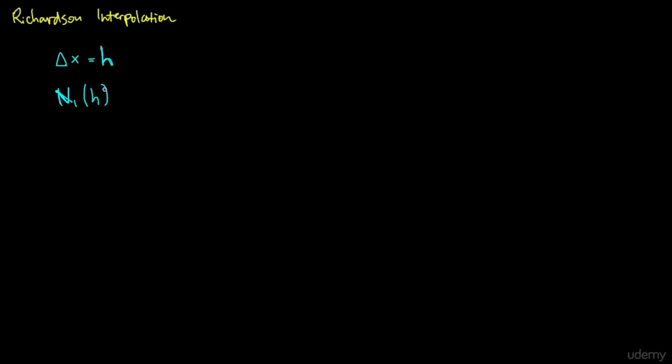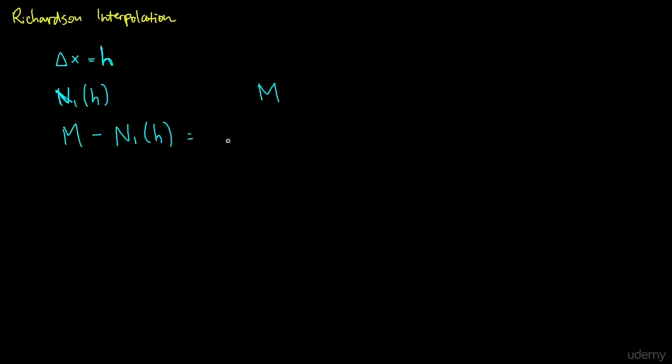So essentially, we have n1 of h, and this is approximating some constant m. Let's assume that we know what the result actually is. Now, since this is likely to be some sort of iterative procedure, we have truncation error. We can express the truncation error in the following form. We take the actual result and subtract what we got as the estimate, n1 of h. And we can rewrite this as a power series.